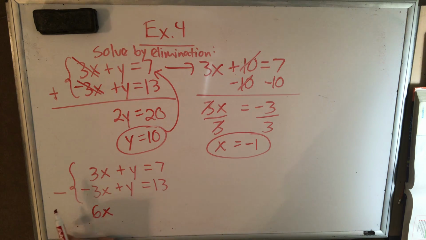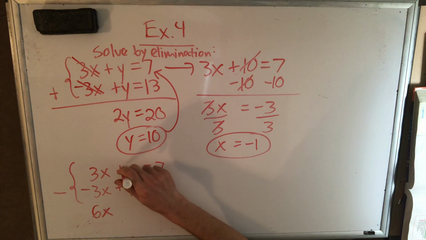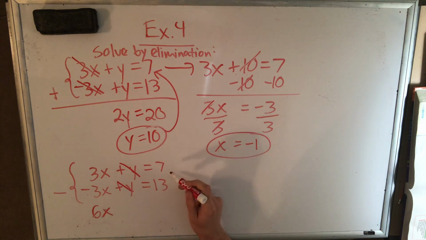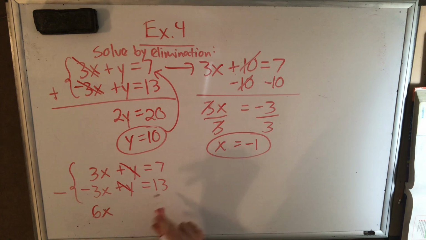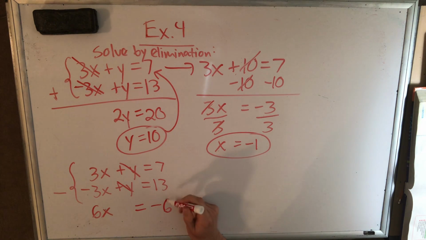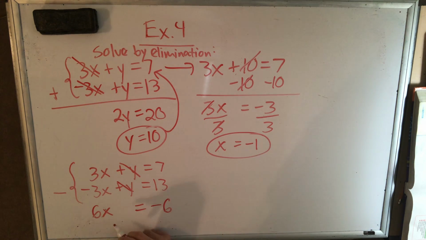And then, so that negative applies to each term. y minus y, right? Minus and plus together is just minus. So y minus y is 0. So y is eliminated. And then 7 minus 13 is negative 6. Because a smaller number minus a larger number is always a negative. Or 13 to the left of 7 on a number line is negative 6.